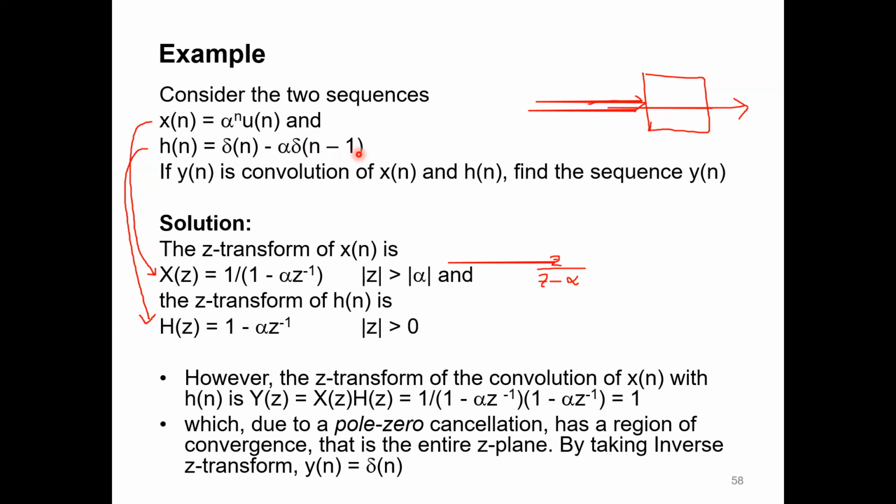Applying time shift. How many steps? One step. That's right. Is it a time delay or time advancement? Time delay. So a time delay of 1 step means z^-1 in front of the time unshifted sequence, which is 1.